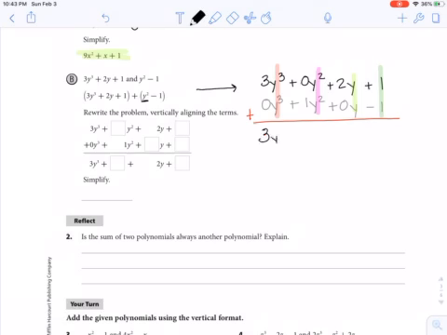So I have 3y cubed. 1 and 0 gives me 1y squared. 2 and 0 gives me 2y. And then if I have 1 minus 1, I have a 0. So my final answer, once I simplify, is 3y cubed plus y squared plus 2y. And that is going to be my simplified polynomial.